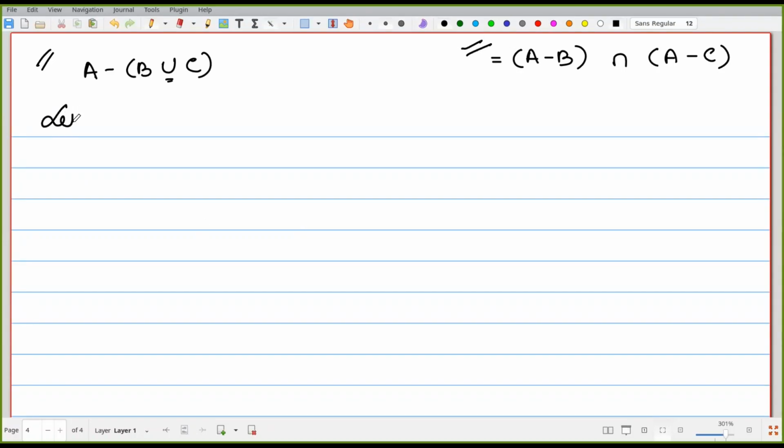So same as, let we have a variable x that is belonging to A minus (B union C).